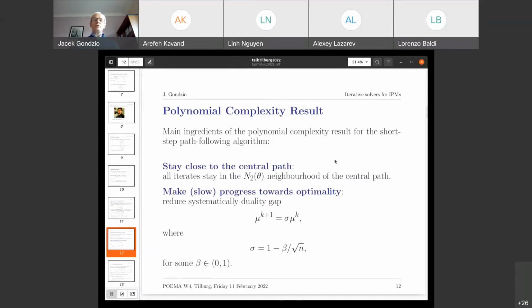An enjoyable feature of interior point methods for linear programming is, of course, their guaranteed polynomial worst-case complexity.